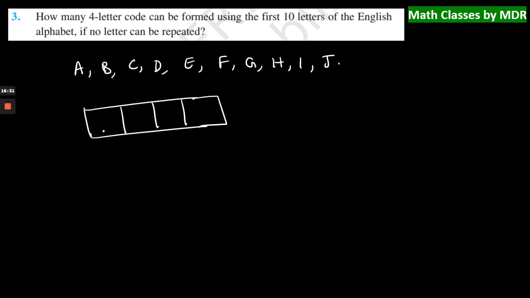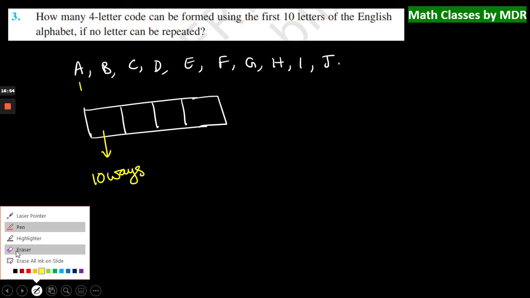How many ways can we fill the first box? I am free to take any alphabet here: A or B or C or D up to J. So I can take it in 10 ways. Each possibility is 1: A is 1 way, B is 1 way, so 1 plus 1 plus 1, total 10 ways.